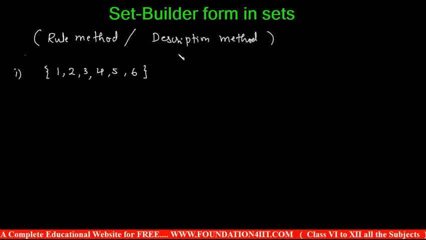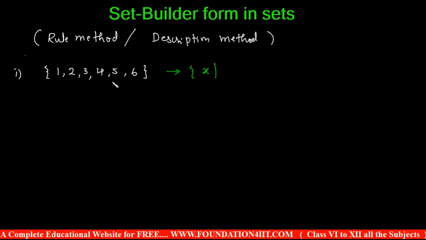Roster form means within the braces we write the elements. Under the set builder form, instead of writing the elements, we give one condition, a description about them. So we convert it into set builder form: x such that x has some property.